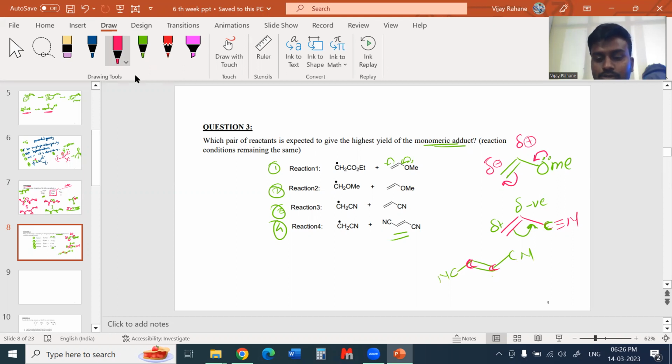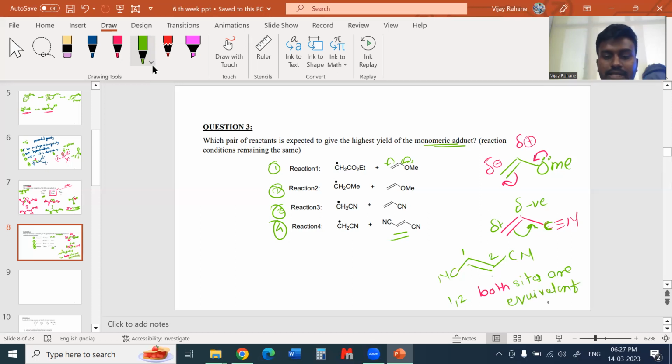But if you see, both sides are equivalent, right? One, two, one, two. Both sides are equivalent. So when the radical attacks here or the radical attacks here, both reactions give the same product. So the formed product is exclusively a single one.